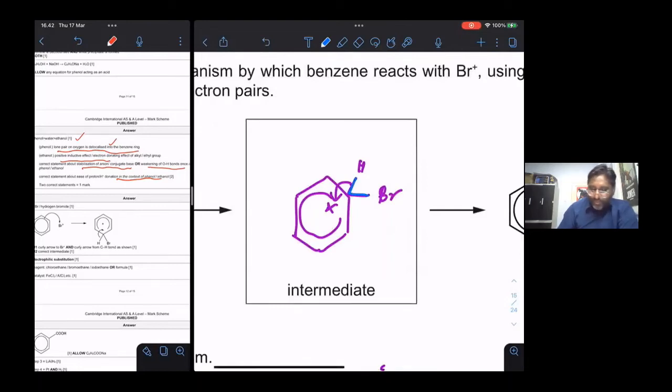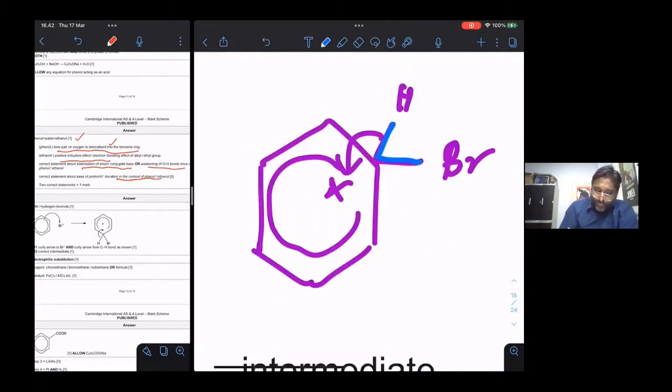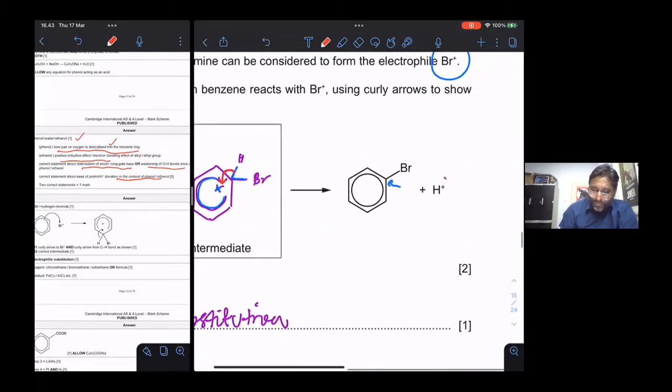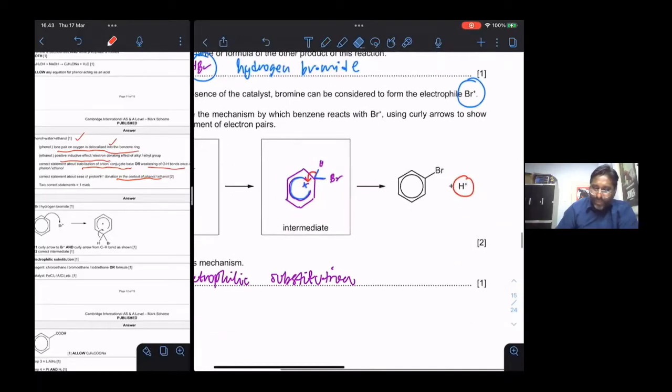Show the H+ because this one is not complete, you put the plus over there. The electrons will come from here, curly arrow must be shown. The 2 electrons will go in and break the bond with the hydrogen, H+ will come out, and then you are going to get this Br over there, and the ring will become complete again.